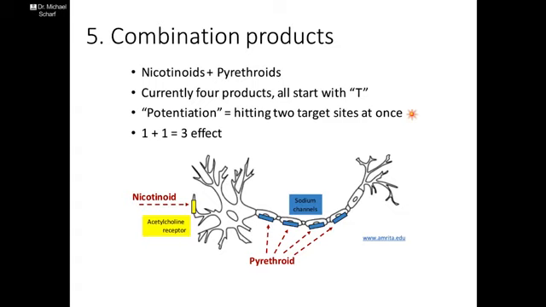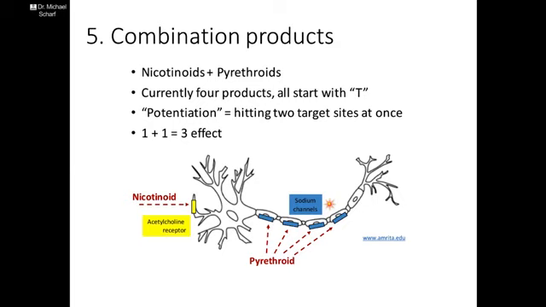And this is actually called potentiation. This is a term that's scientifically based, but I think somebody out there trademarked it. But it means that you're affecting 2 different target sites at one time. In this case, we have the nicotinoids, which are binding the acetylcholine receptor, and so they're kind of priming the neuron and turning it on. And then we have the pyrethroids, which affect the sodium channel and basically just hold it open.